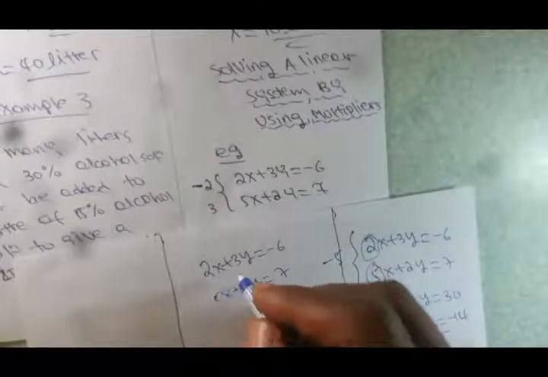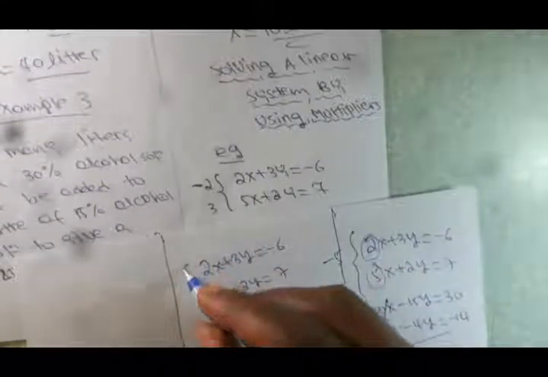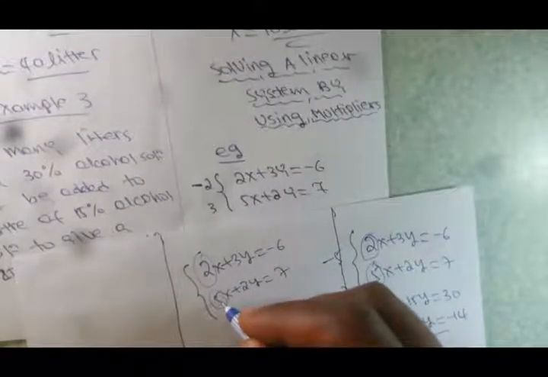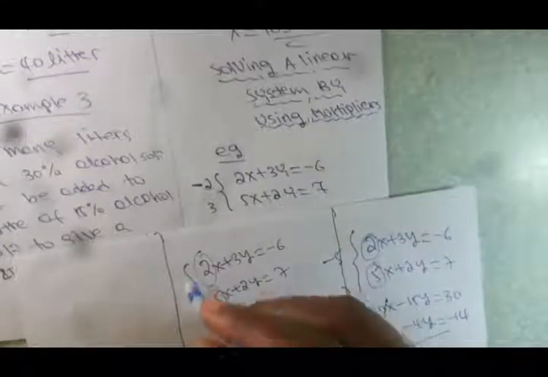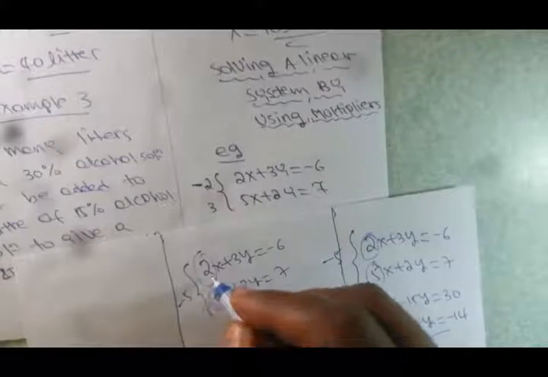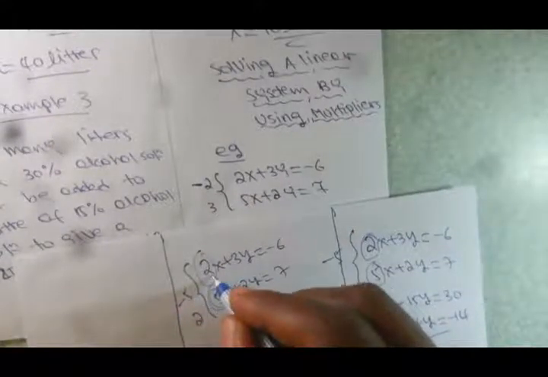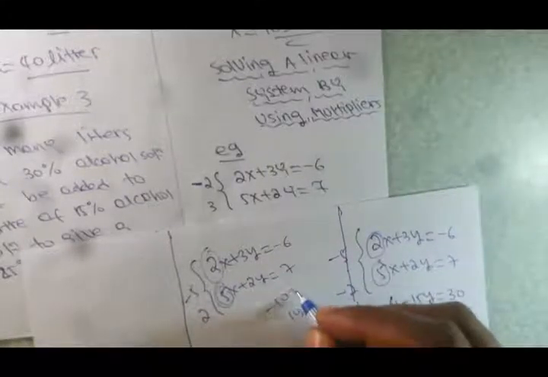We are given 2x plus 3y is equals to minus 6 and 5x plus 2y is equals to 7. First we have to make this number the same. So let's take the negative of this number, minus 5. Let's take the positive of this number, minus 5 times 2, minus 10. 5 times 2, 10. True.